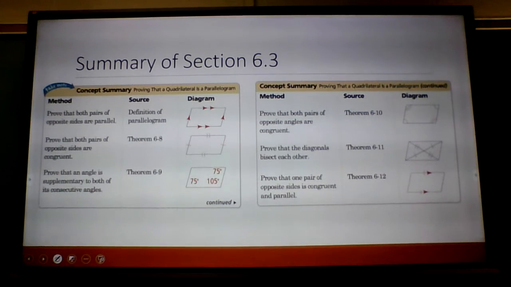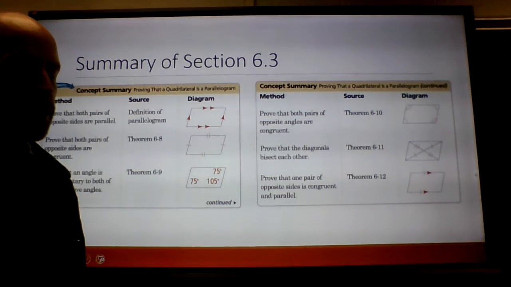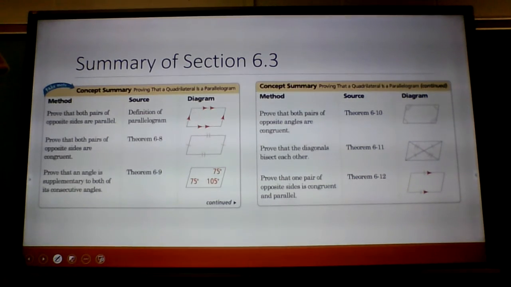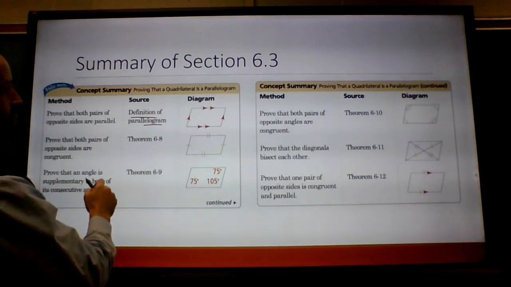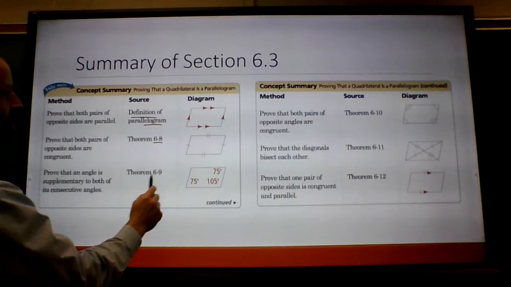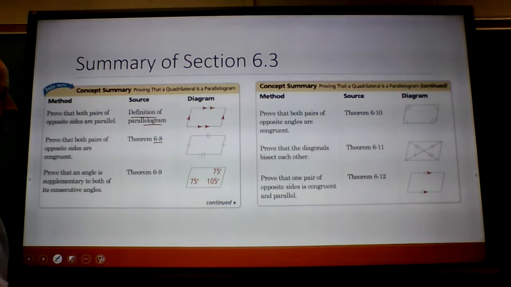So this is a summary of the different ways to prove that two quadrilaterals are parallelograms. I get caught up in triangles. So there are, in this case, 6 ways. You could use the definition, which is what I did in the first proof. Theorem 6.8, which says that opposite sides are congruent.